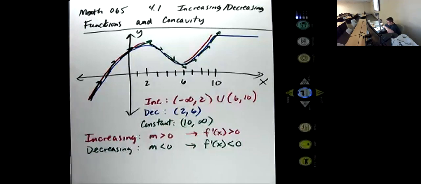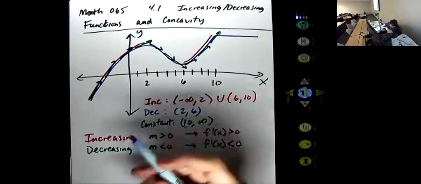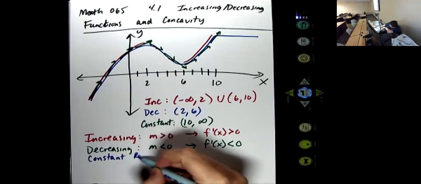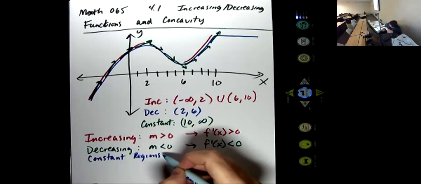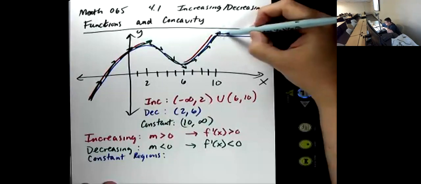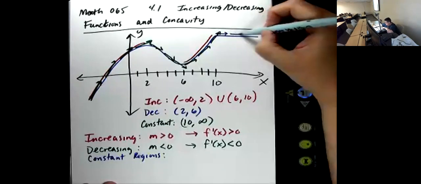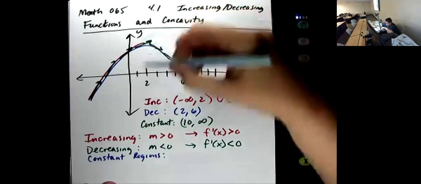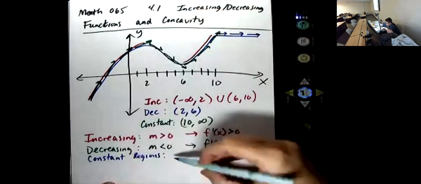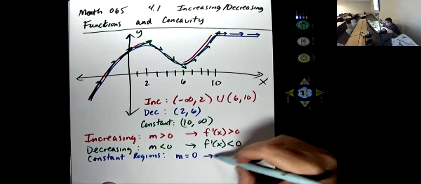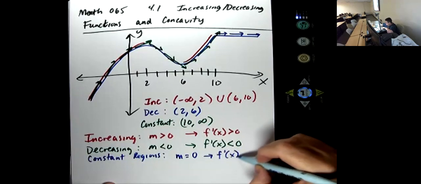And our constant regions, tangent line is literally just the same thing. It's flat. So the slope for a constant region is m equals 0, which means f prime of x equals 0.